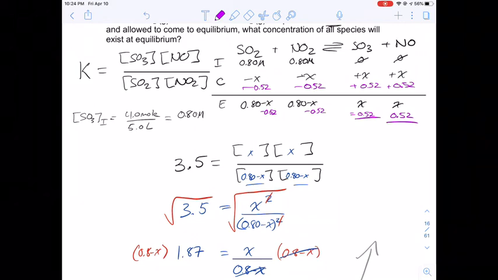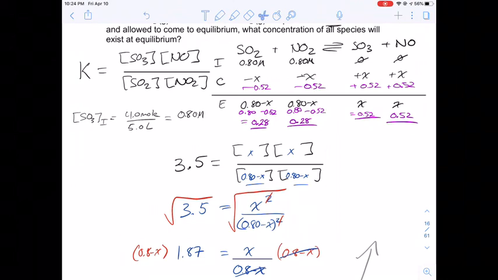And you can understand why we would have to give you a whole page for these types of questions. And so our final result is going to be 0.28. So 0.28 for our reactant, and 0.52 for our product.